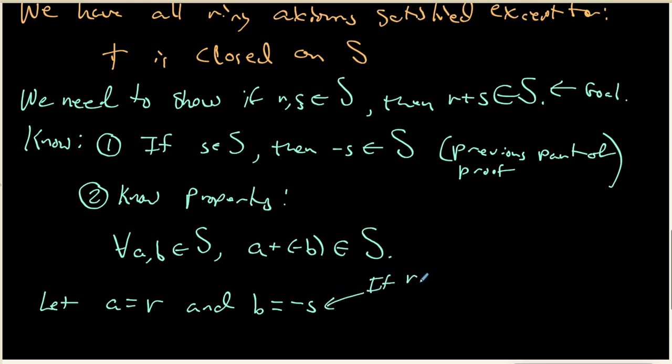If R and S both live inside capital S, then we already know R and minus S also live inside capital S. So we know that these two elements here do live inside capital S.